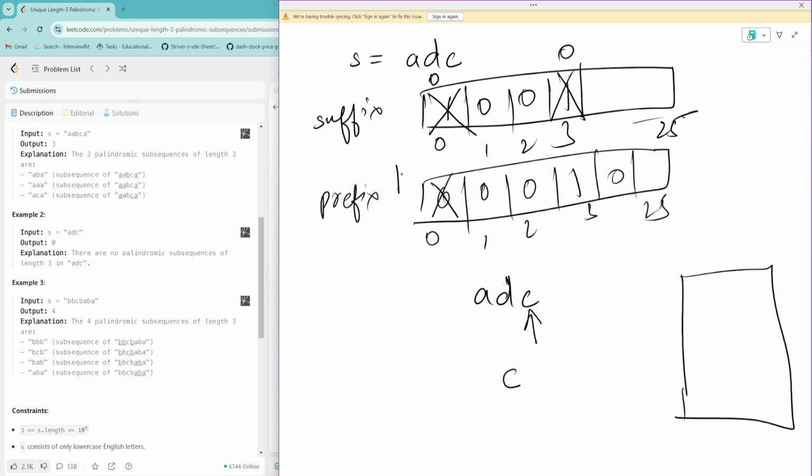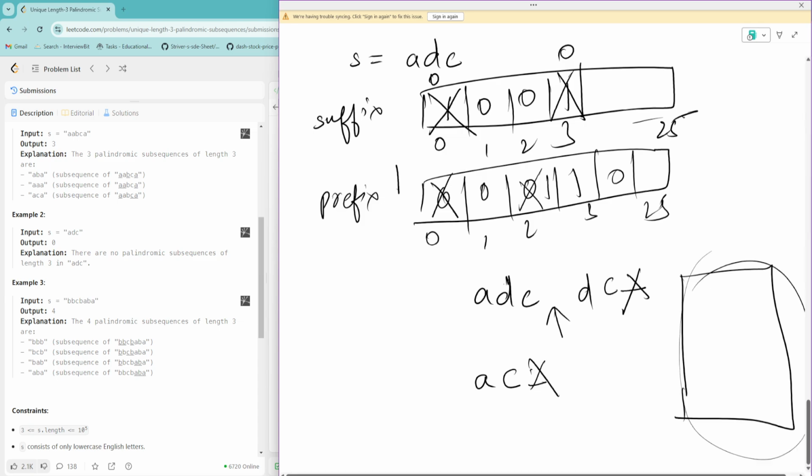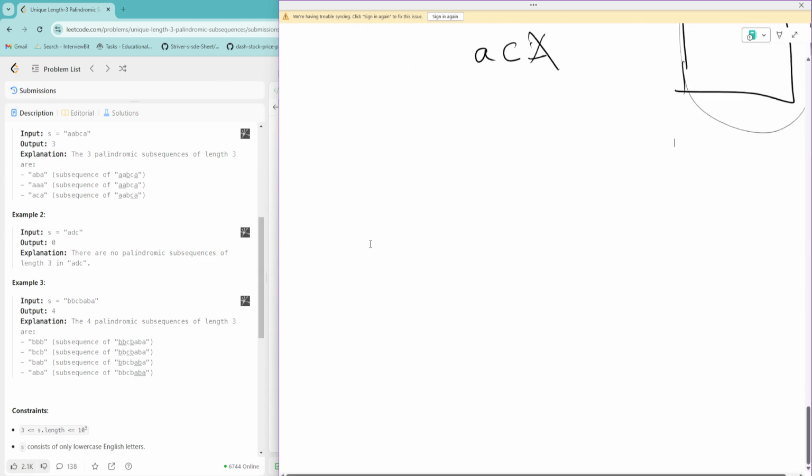Yeah, we have A and D. Try to find A after C: none. Then D: try to find D after C: none. Before moving on, I would increment prefix by 1. If I visit the next character, that means there are no characters left. We have nothing in our set. Bad luck. So we cannot find any palindromic subsequence of length 3.